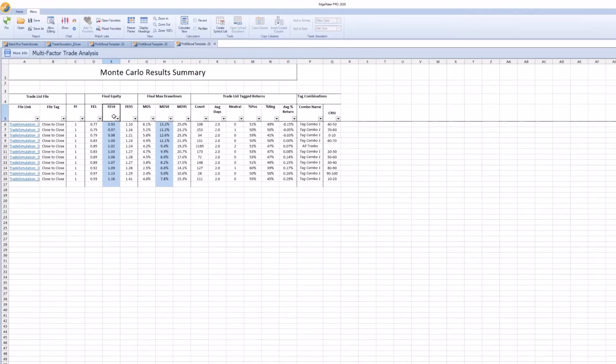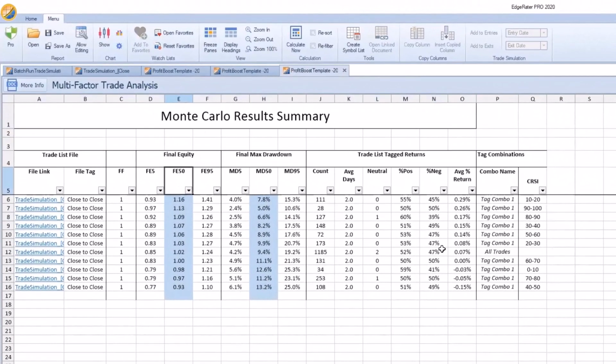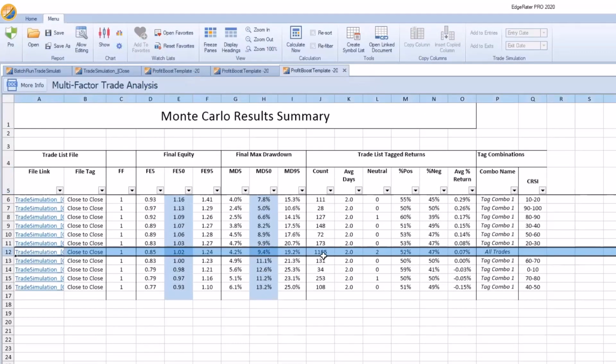Okay, and then if we look at the factors here, we have our all trades down here. So that's all 1,185 bars in that trade list, giving you a 1.02 final equity and a 9.4% drawdown.